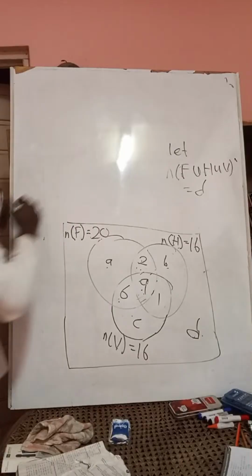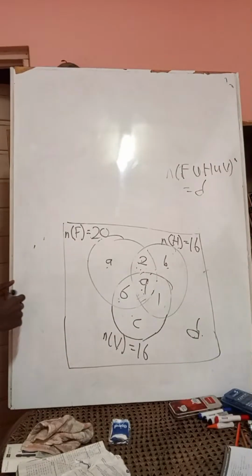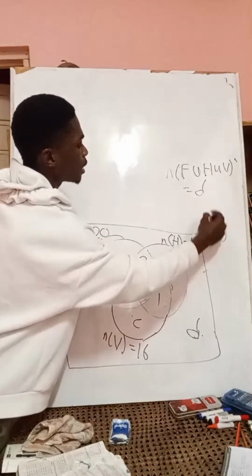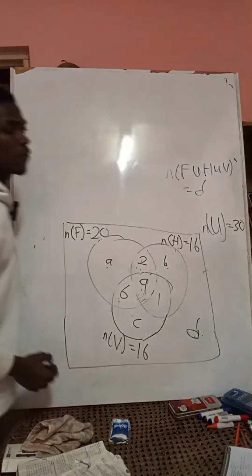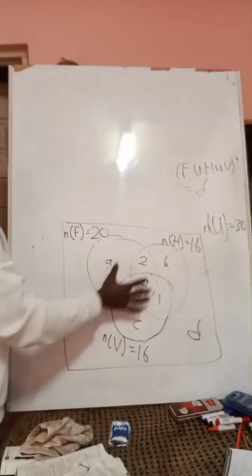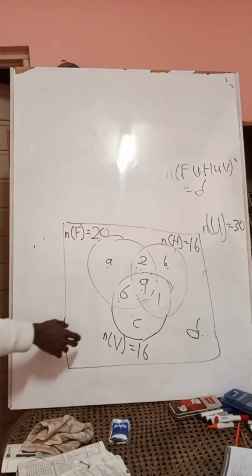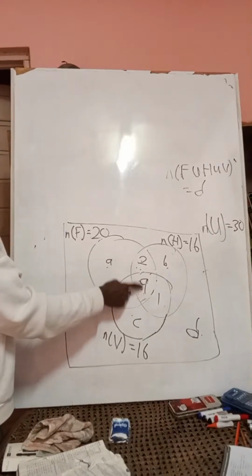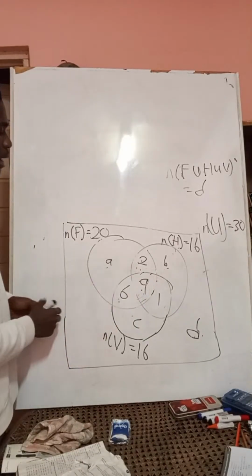And when it's already there, you won't write any let here. Let me erase it. So let's solve for that one. For us to get that one, we already know that number of U is 30. If number of U is 30 and you have all of this side, all of this number, you can easily get D. So we have here 9. We have here 2. This is B, right?